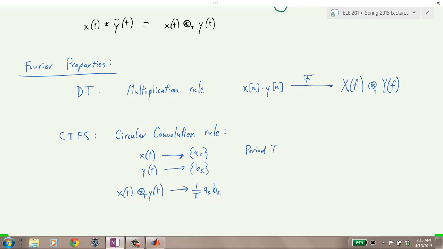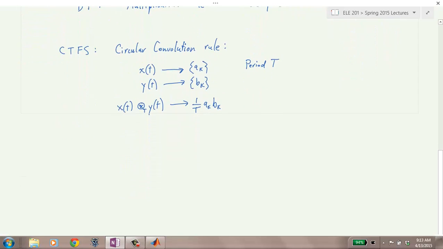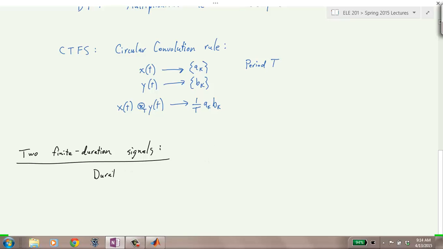Let me give a few more ways of thinking about circular convolution or computing it. Sometimes you have two finite duration signals, and you would talk about doing a circular convolution of these. Let's say their duration is capital T for both.